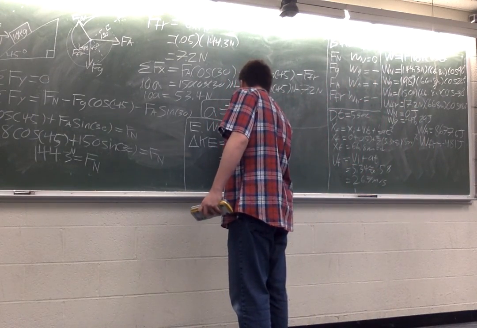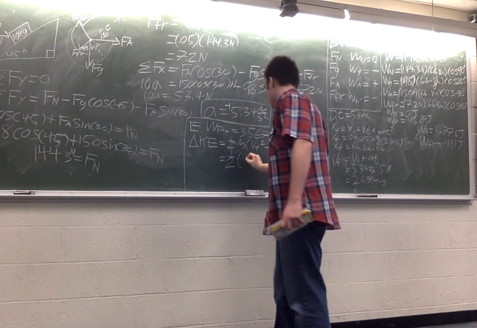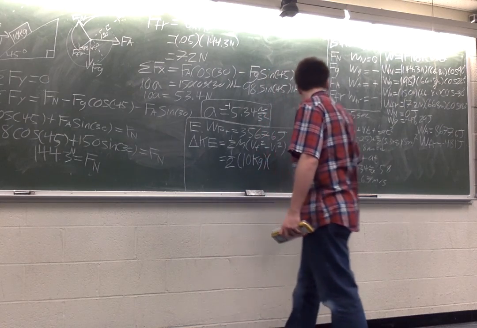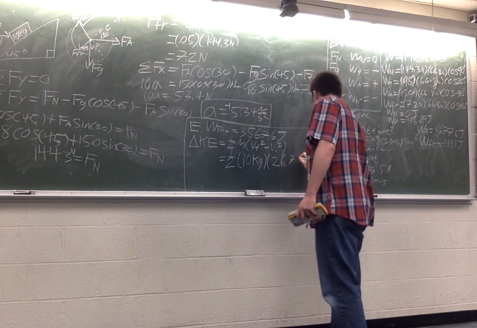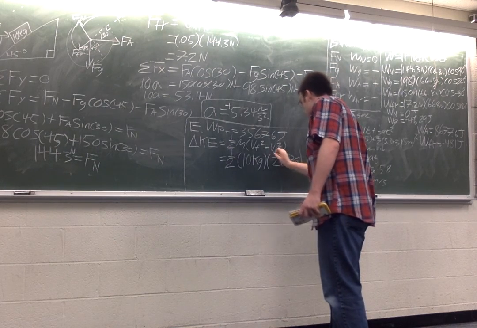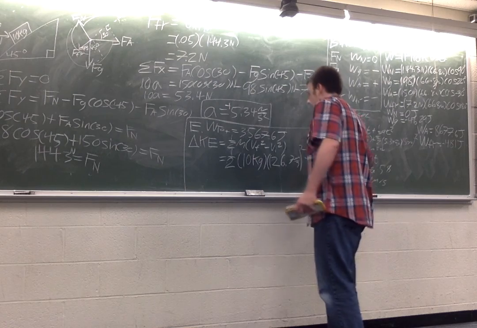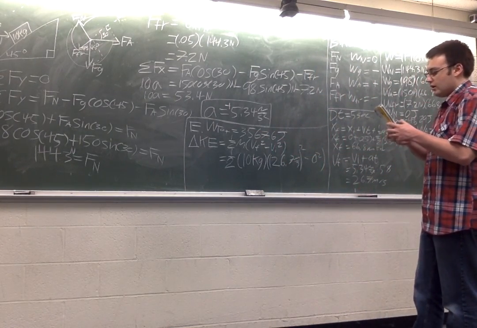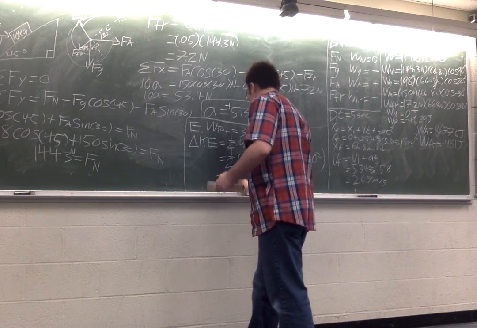We'll plug that into our change of kinetic energy equation. So we get 1/2 times the mass, which is 10 kilograms, times 26.7 meters per second squared minus 0 squared, which is 0. We do all of these calculations and we see if I'm right or wrong. It turns out that within a rounding error, I am correct.